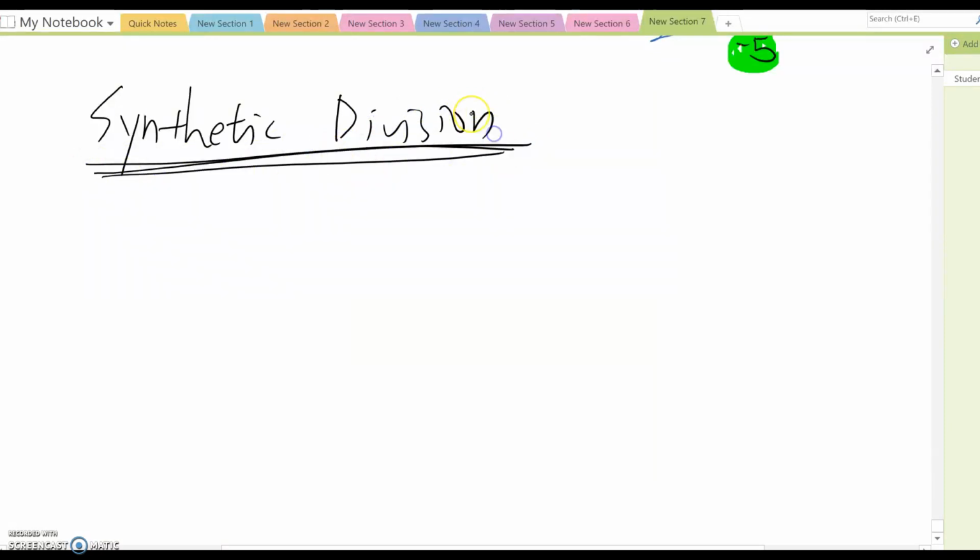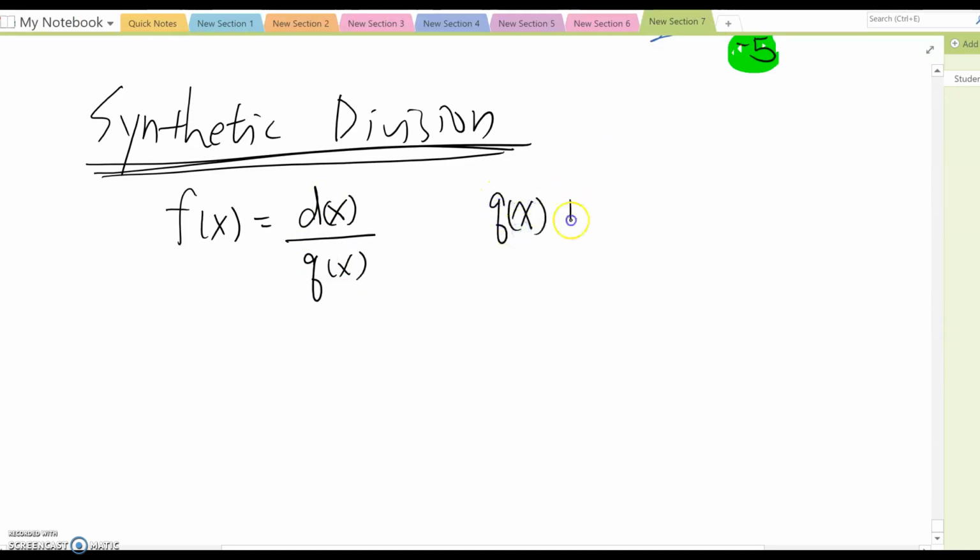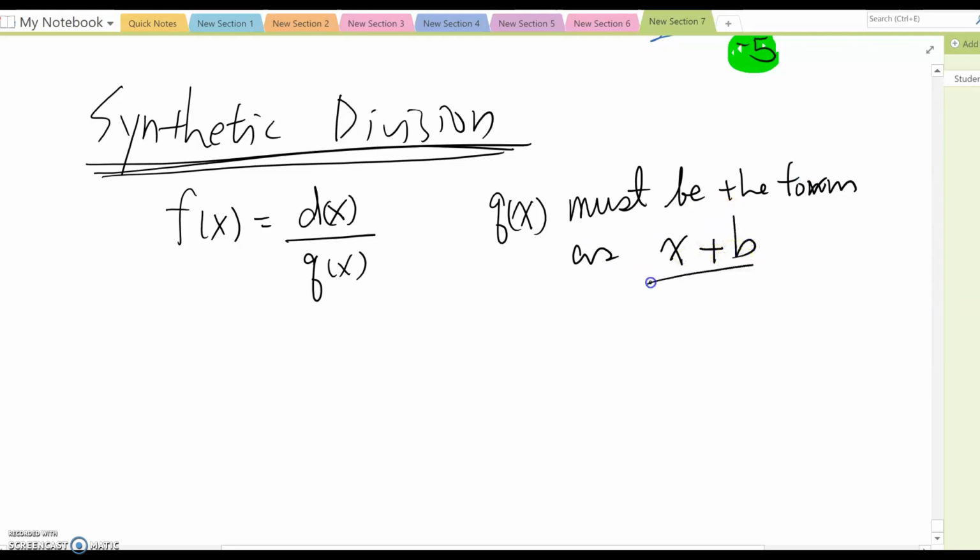Synthetic division is a little bit easier compared to the long division method, but it has a little bit of a limit. So when any f(x) is given, maybe d(x) over q(x), then q(x) must be in the form x plus b, which means the degree of this divisor must be 1.